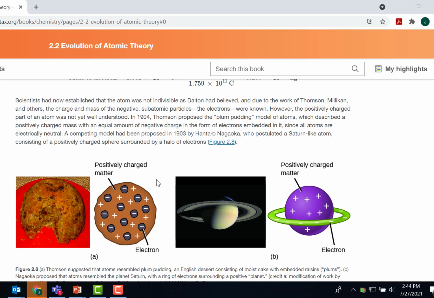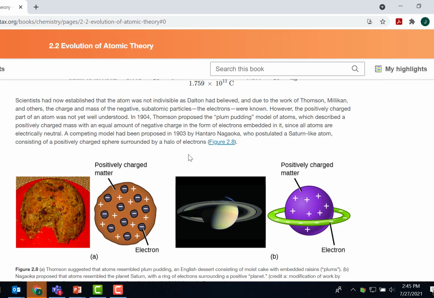So think of a watermelon with seeds in it, and each of those seeds is an electron. And then the rest of it is a positive charge, because we know overall the atom has a neutral charge. So if the overall thing with the neutral charge has some negative charges, then it also has to have some positive charge. So that's the idea of the plum pudding model.